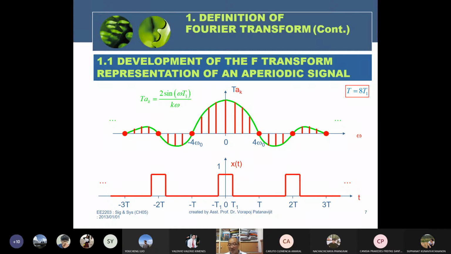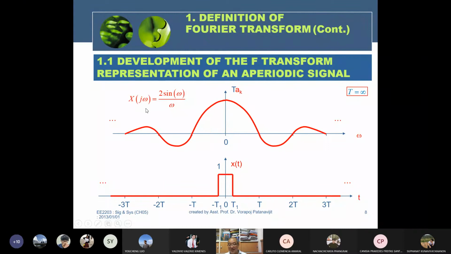If we extend it to infinity, then the Fourier series will exist at every point on the green envelope, or it will become this. Therefore, if you extend the period to infinity, you can see that when we assume one period equals infinity, the Fourier series will clearly become the Fourier transform.